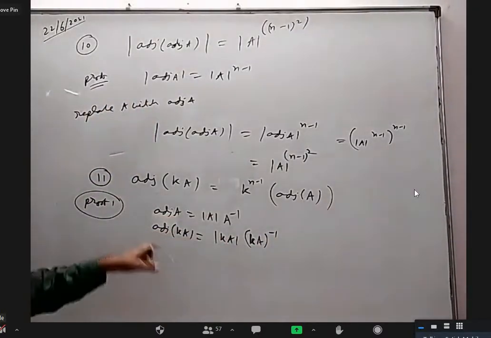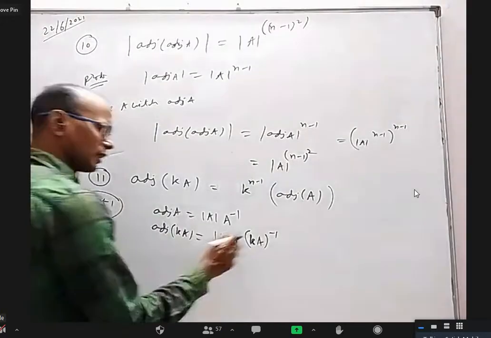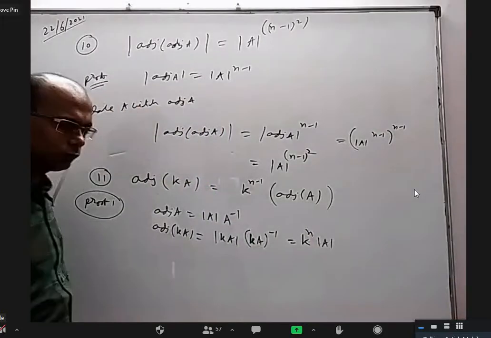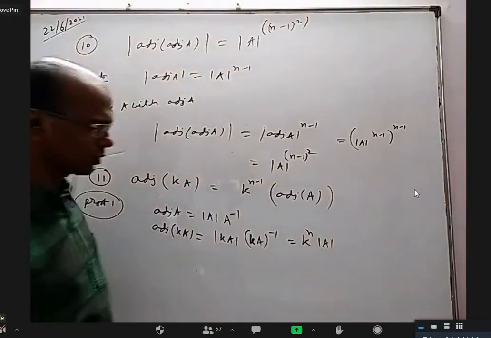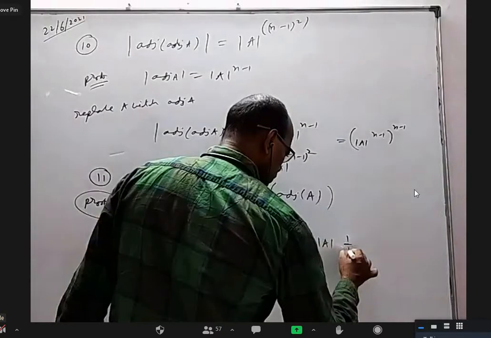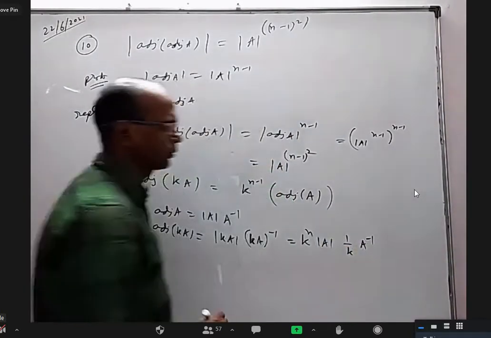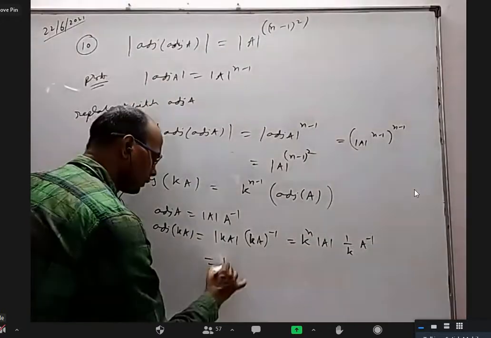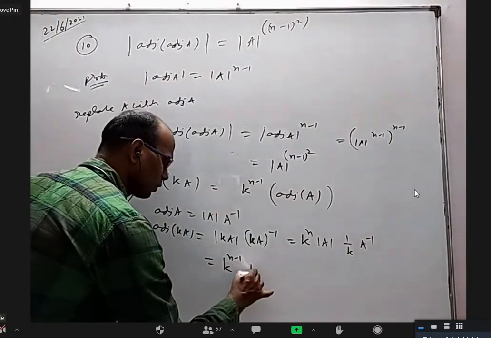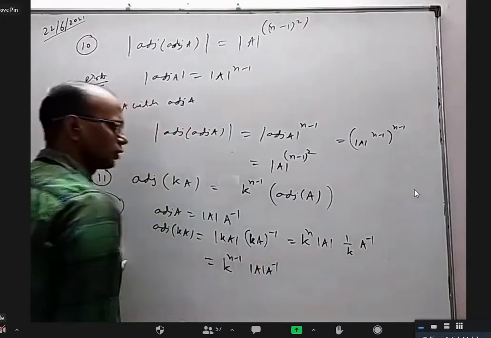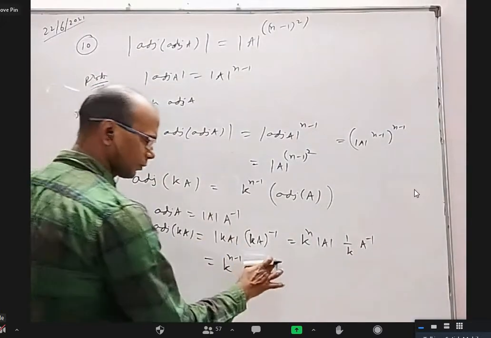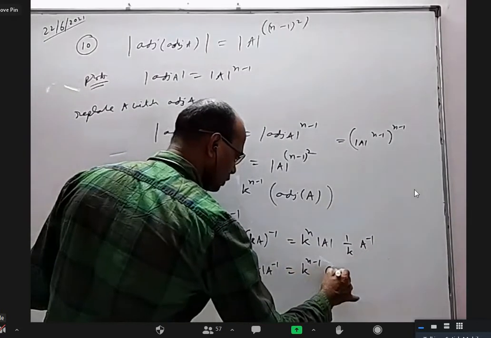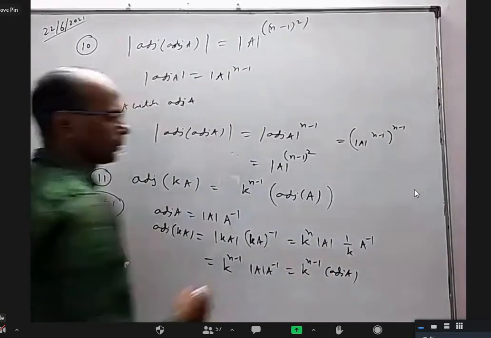Wherever A is there, I wrote K. But det of KA is K power n into det A, and KA whole inverse is 1 by K into A inverse. So I can cancel one K and get K power n minus 1 into det A into A inverse. But det A into A inverse is adjoint A. So it is K power n minus 1 into adjoint A.